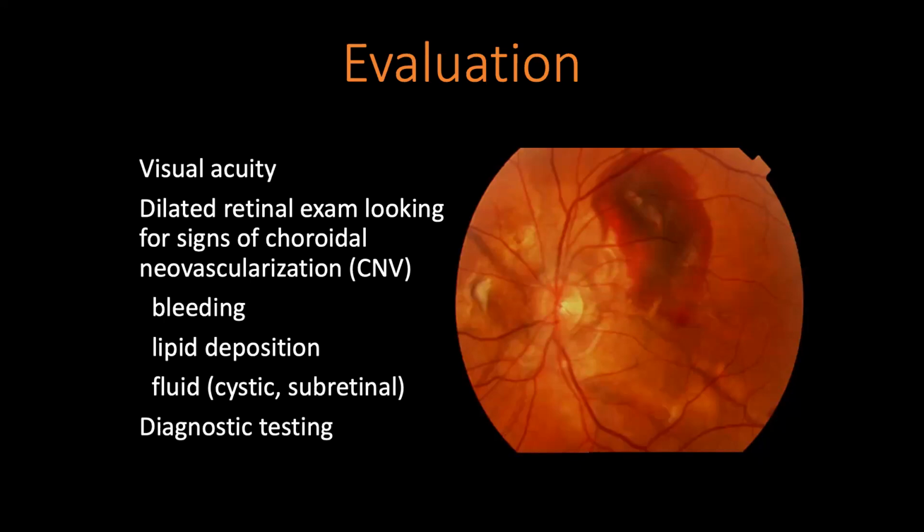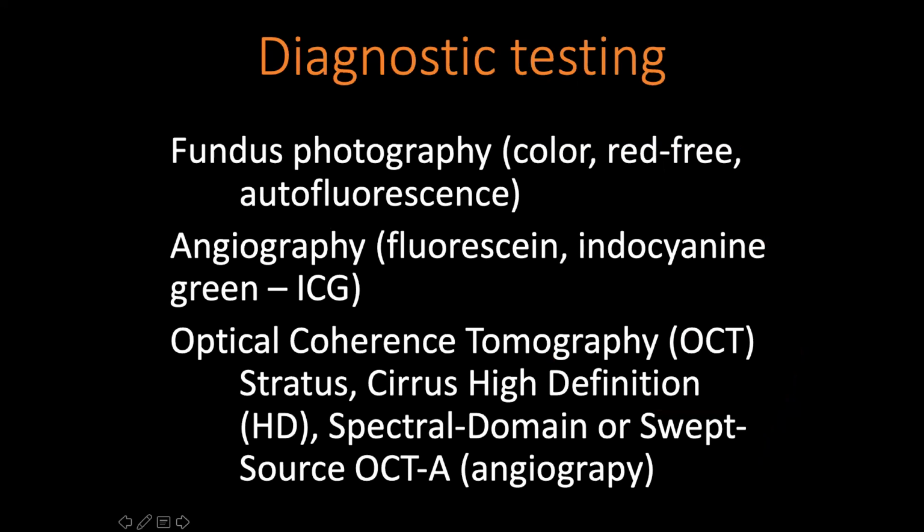We perform several diagnostic tests to help us, which include fundus photography. We can use color, red-free, or autofluorescent photography. We have angiography at our disposal, both fluorescein and indocyanine green angiography.